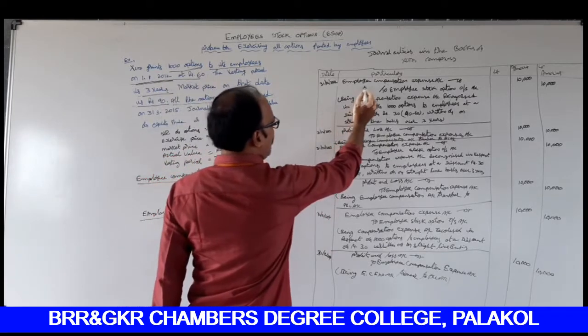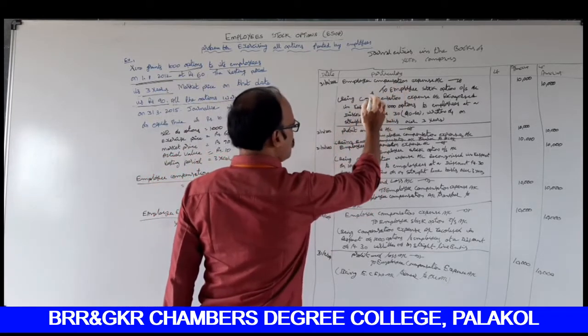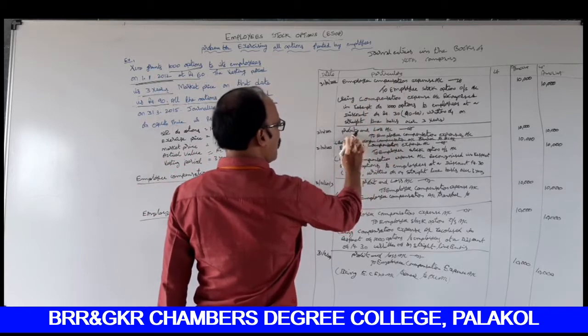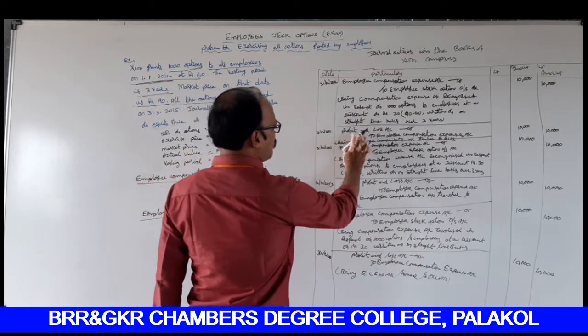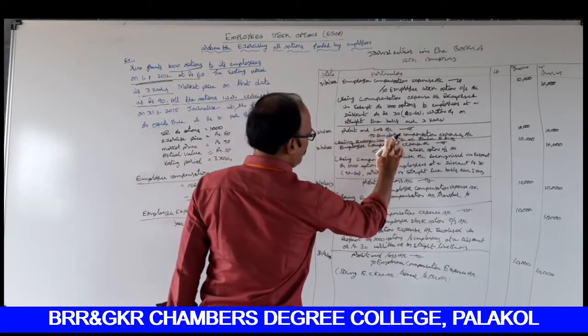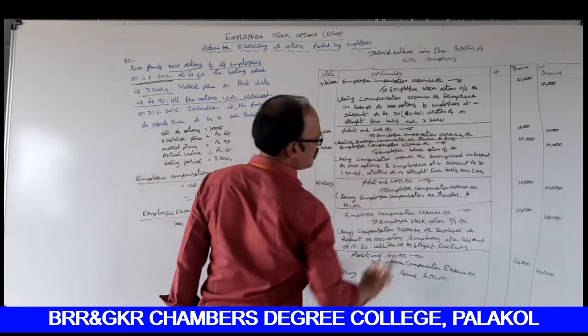This employee compensation expense amount should be transferred to profit and loss account. So the next general entry: profit and loss account debit to employee compensation expense account.